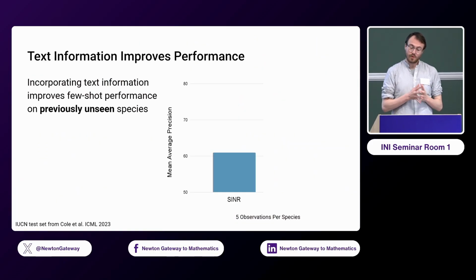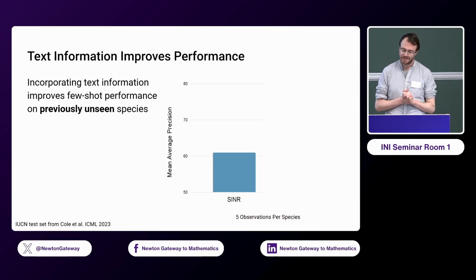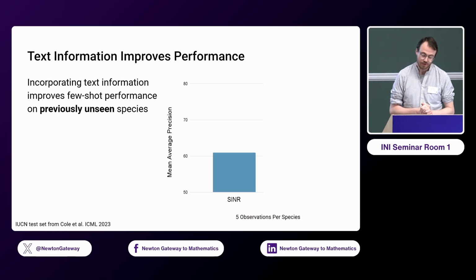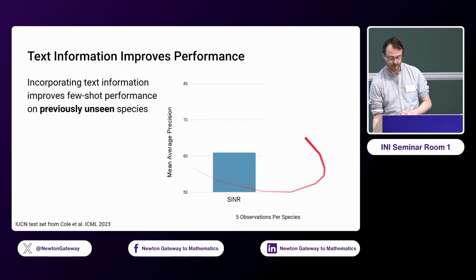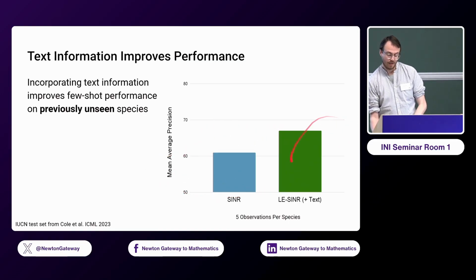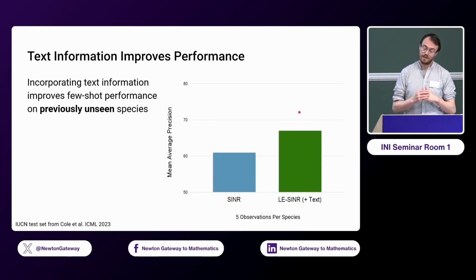Importantly, this is not just because we want to know where pasta is. We can use that information to improve our predictions for species ranges. So this is the model I presented earlier today, just the basic one. When we use that text information, we can enhance the representation as we learn and get better predictions.